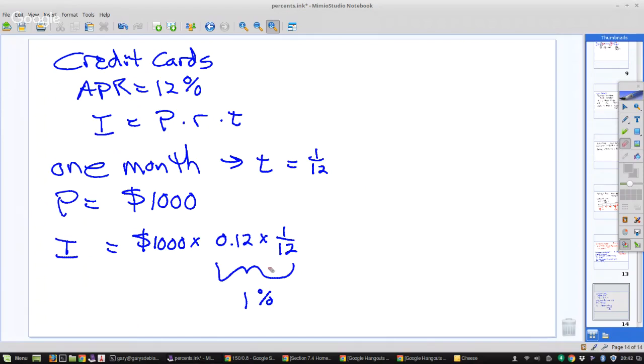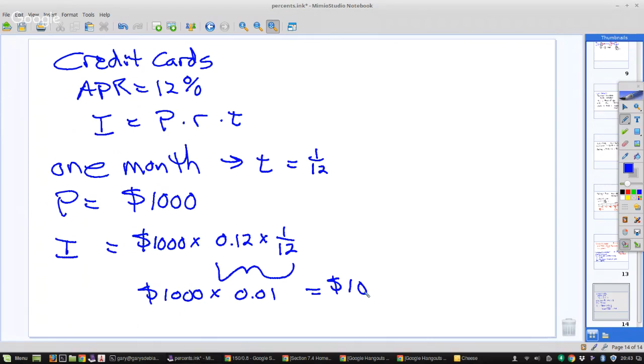Which we prefer to write as a decimal here, which is going to be 1/100. And then I have to multiply that by 1,000. Well, 1% of 100 would be 1, so 1% of 1,000 should be $10. Is what I owe them.